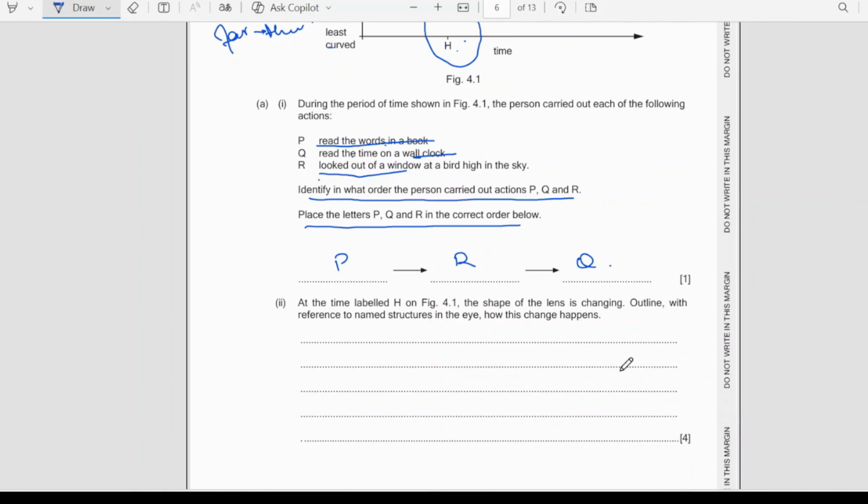In the question, what have they asked? They asked with reference to the named structure, this is one, and how this change happened. These are the two key points in the question. So the named structures are, one, the ciliary muscles, and the second, the suspensory ligaments.